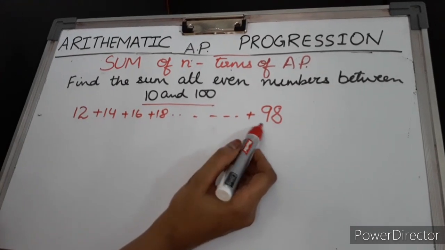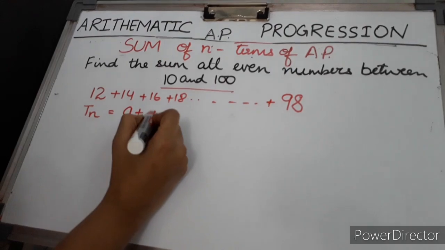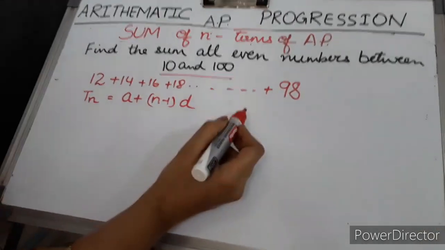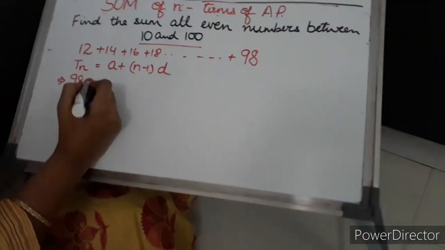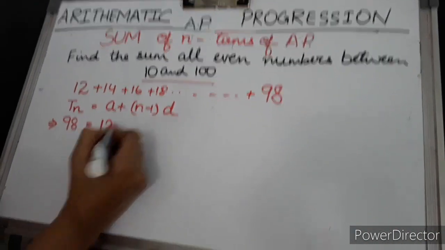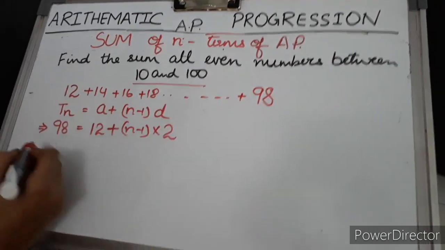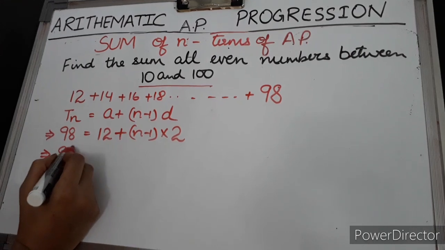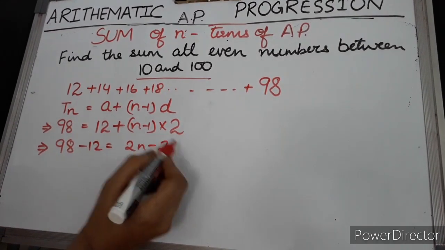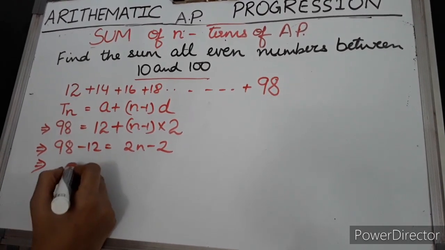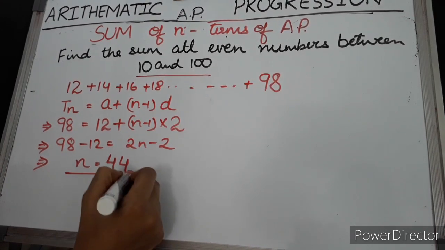So first we take the formula Tn equals a plus (n minus 1) into d. The last term is 98, the first term is 12, plus (n minus 1) into the common difference, which is 2. Further solving, we get 98 minus 12 is equal to 2n minus 2, and n comes out to 44.